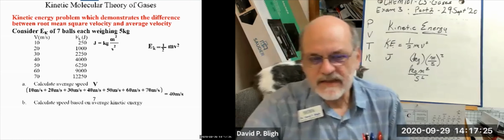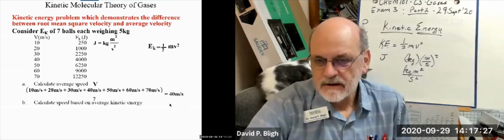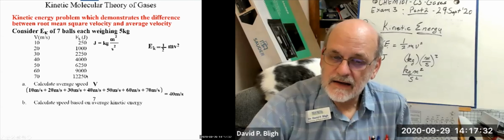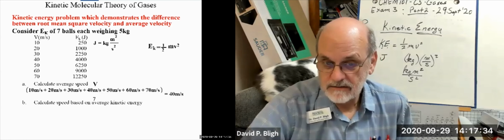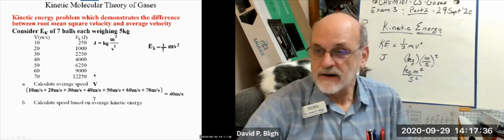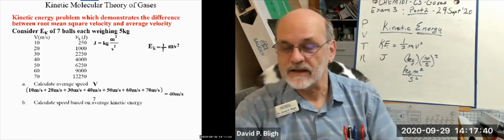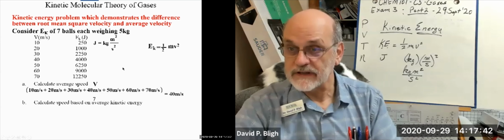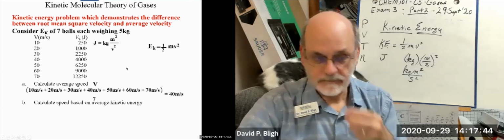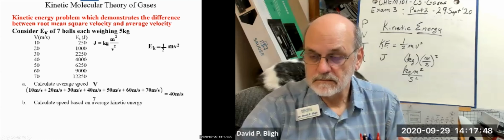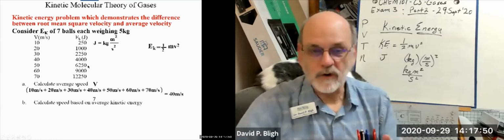So let's say we take the average kinetic energy now and back figure it to what velocity of a 5 kilogram ball would give us that energy. So what am I saying?